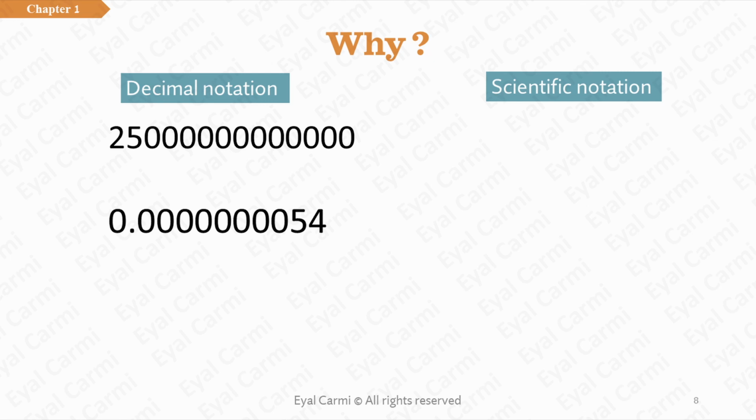These numbers have too many zeros to write, so it's easy to miss a zero by mistake. But if we express these numbers in scientific notation, we can write these numbers as 25 times 10 to the power of 12 and 54 times 10 to the power of minus 10 respectively.